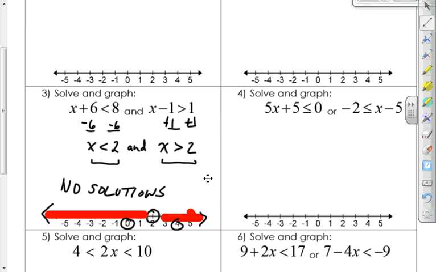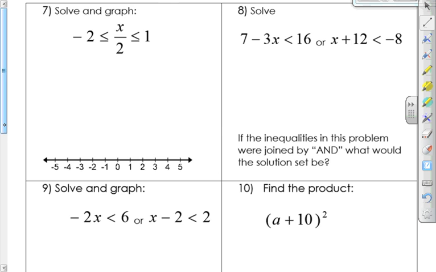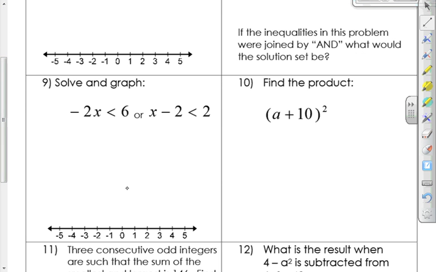Let's take a look at some others. How about number 9? Negative 2x is less than 6, or x minus 2 is less than 2. Okay, so we'll solve each one of these individually. Now I'm going to make a move here that is going to have an impact on our solution set, right?